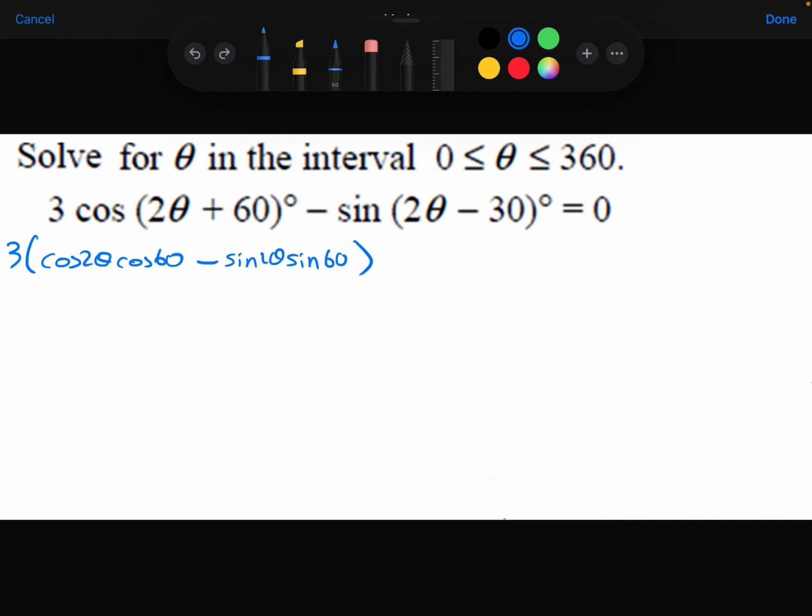Next, I've got the minus, and now I want to expand this sine here. And so that's going to give me sin 2θ cos 30 minus cos 2θ sin 30.